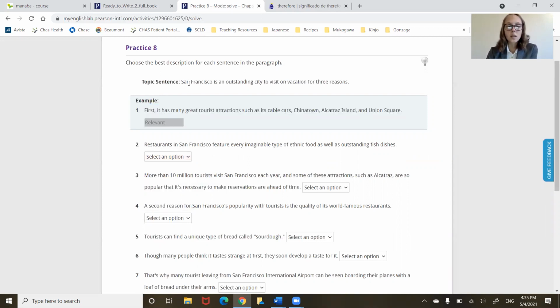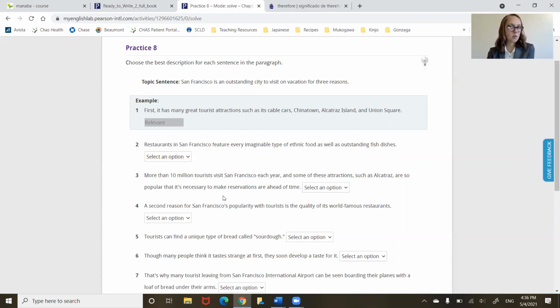Okay, so San Francisco is an outstanding city to visit on vacation for 3 reasons. First, it has many great tourist attractions. Restaurants in San Francisco feature every imaginable type of ethnic food, as well as outstanding fish dishes. Is this not about tourism, or about tourism, but in the wrong place?